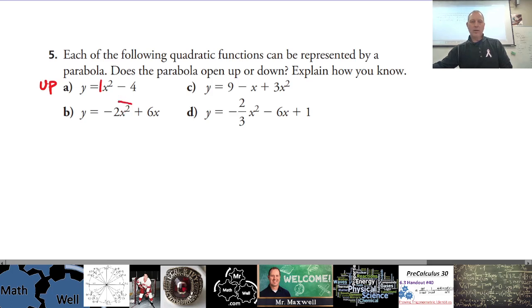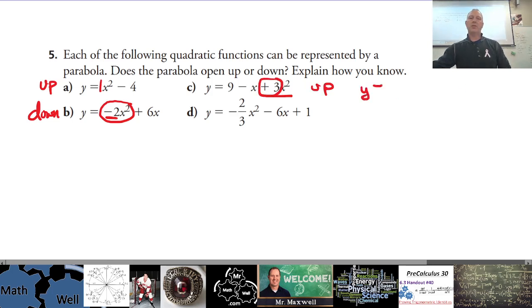Here's the x squared term, and the number that is the coefficient in front is a -2. That is down. Very good. What about C? Up. Here's the x squared term, and the number in front, you have to take this positive as part of the number, and that is up. You bet.